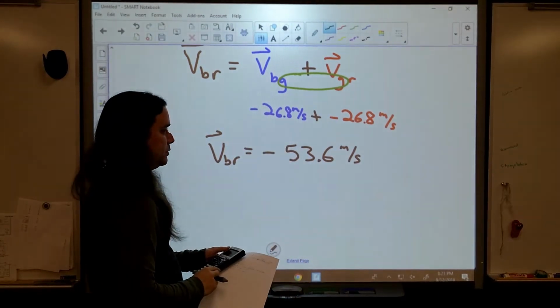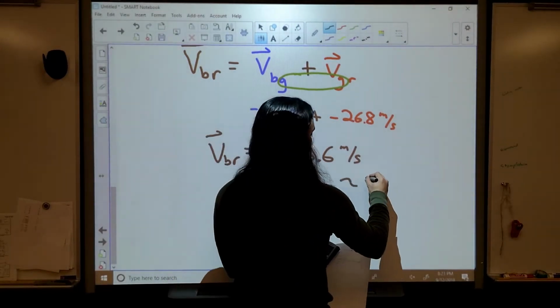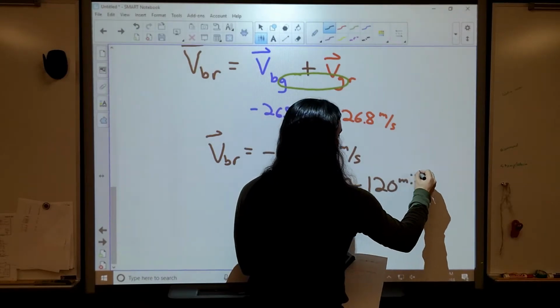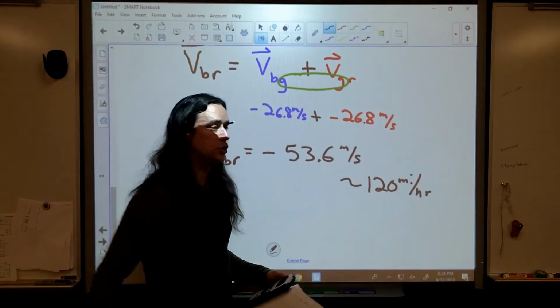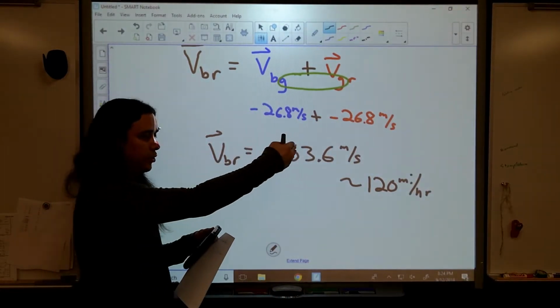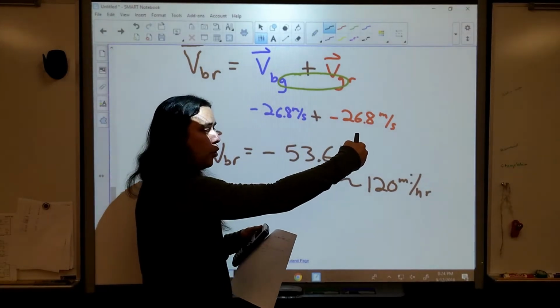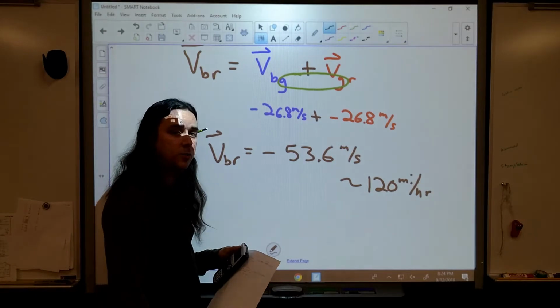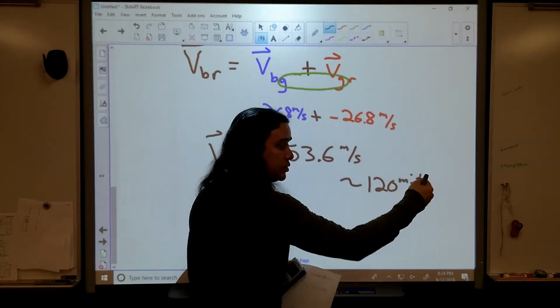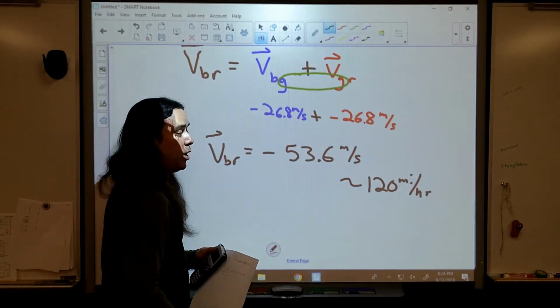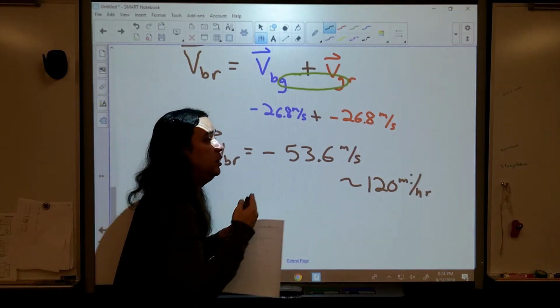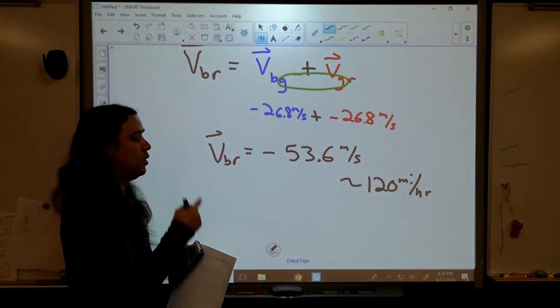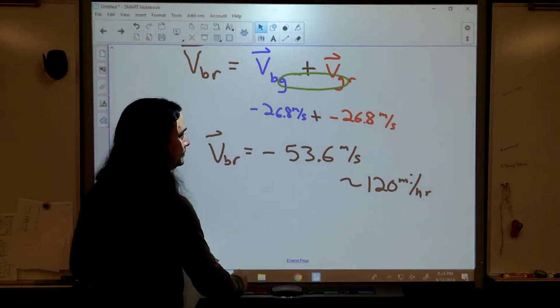Negative 53.6 meters per second, or approximately 120 miles per hour in the opposite direction. If you're sitting in the red car and you're looking at the blue car coming at you, from your point of view, it is flying at you at about 120 miles per hour. You're going 60 miles per hour this way, it's going 60 miles per hour this way, but from your viewpoint, you're watching it fly at you at 120 miles per hour.